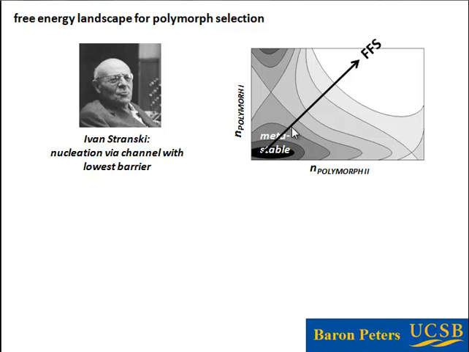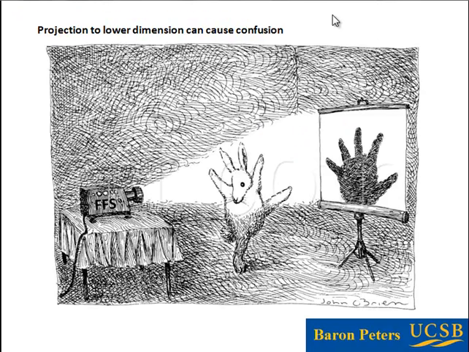So in some cases, that's an advantage. And in the case of trying to understand polymorph selection, I'm going to argue that it's actually a disadvantage. The reason it's a disadvantage is because you have an intrinsically two-dimensional process. You have to decide which of two pathways the system is going to take, and in order to understand why it takes one over the other, you're using a method that projects everything onto one dimension.